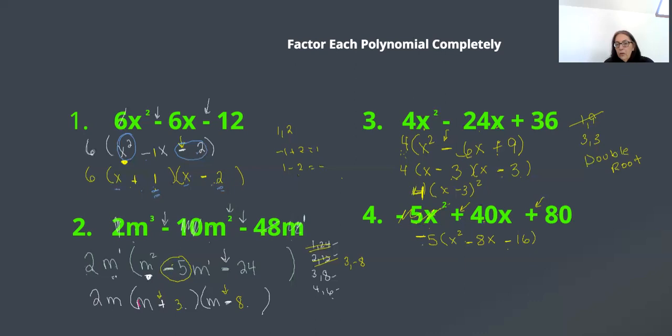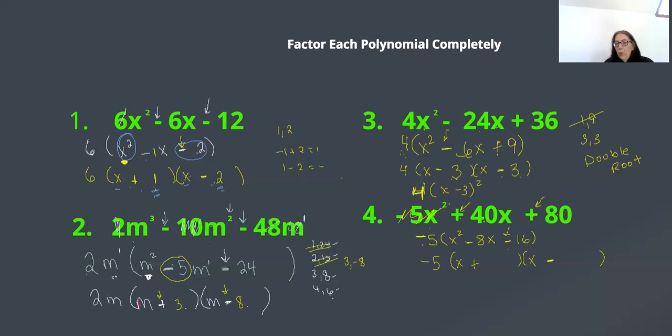So let's make our 2 sets of parentheses and see if we can factor this further. I've got x times x is x squared. A positive times a negative will give me that negative.